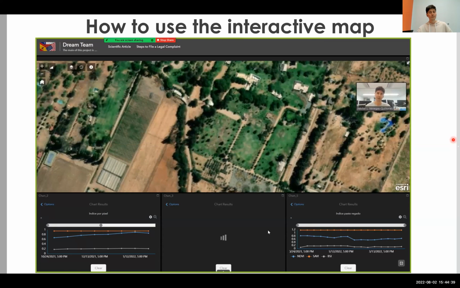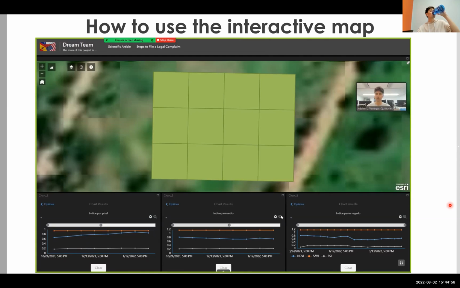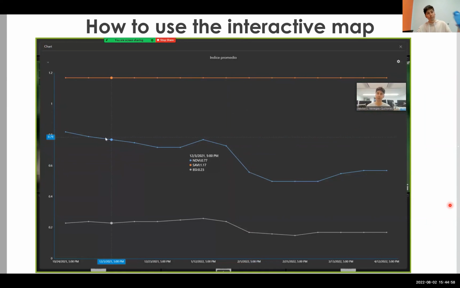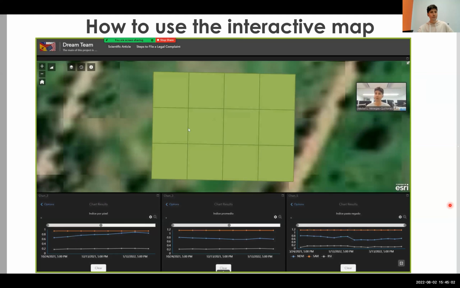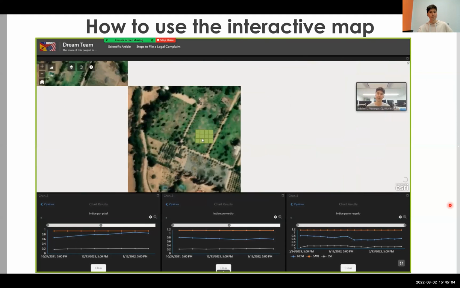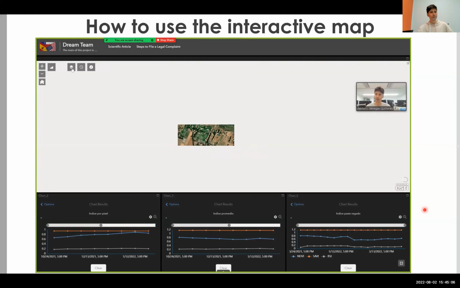That is going to allow the local authority to see, hey, maybe it's one pixel who has a higher value, or maybe not, or maybe it's the whole area that has a strange NDVI value or something else. Thus, we can do an analysis related to a specific area to make our own conclusion and see if we need a fiscalization or not.